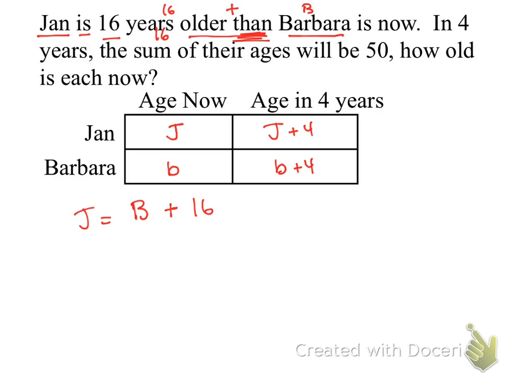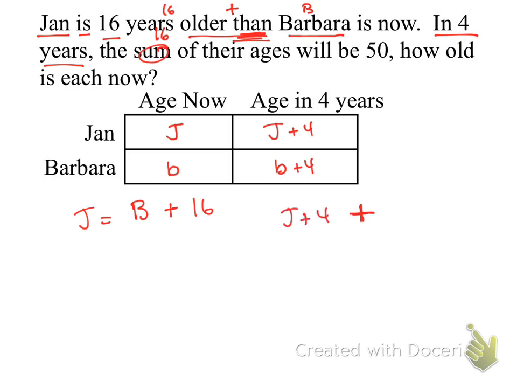Now look at this. For the whole next sentence, it says in 4 years. That means everything following, I have to call them by the 4-year name. The sum of their ages will be 50. What does sum mean? Add. So I'm adding in 4 years. What's Jan's name? J plus 4.